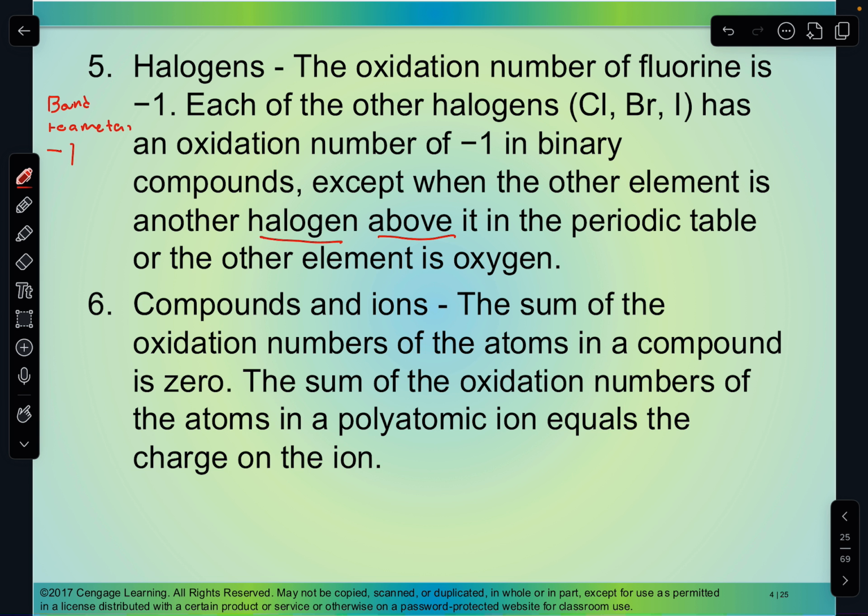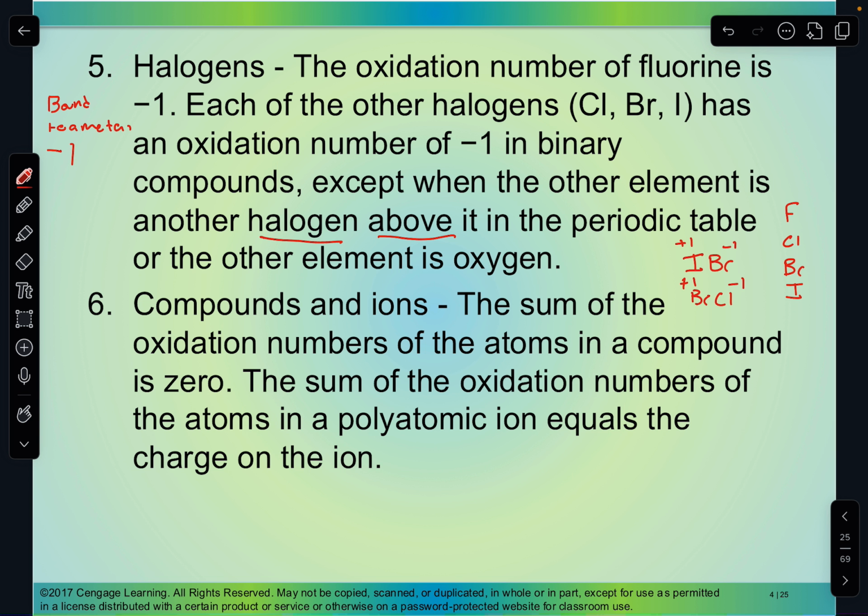So for example, if we have F, Cl, Br, and I, this is the order that they're in on the periodic table. If you have I and Br, then the one that is on top of it is going to win. So this would have a -1, this would have a +1. If you have BrCl, this would have a -1, and this would have a +1, and so on and so forth.